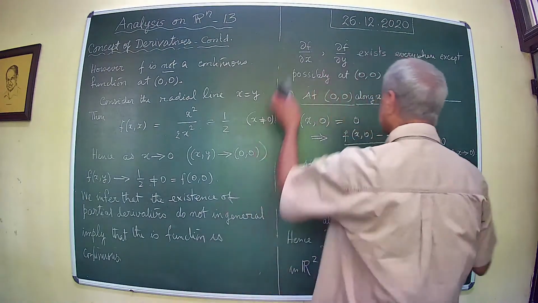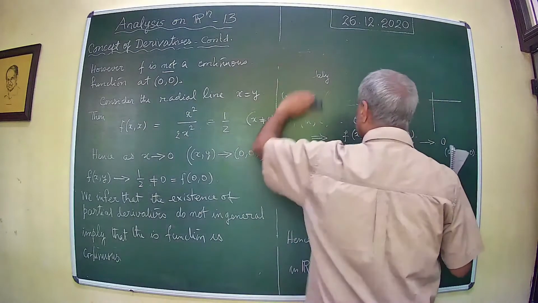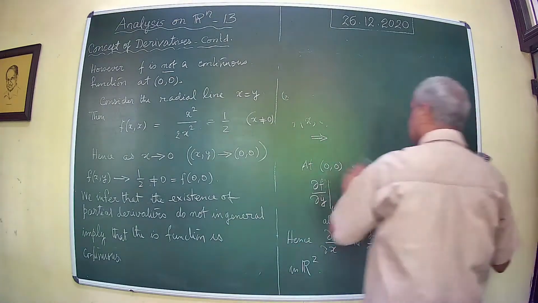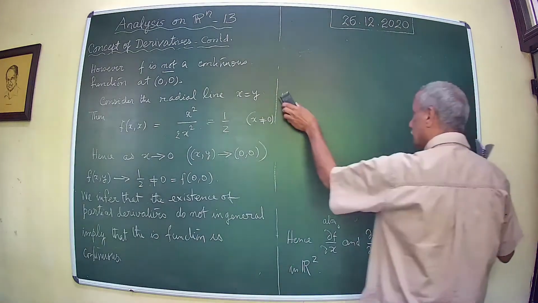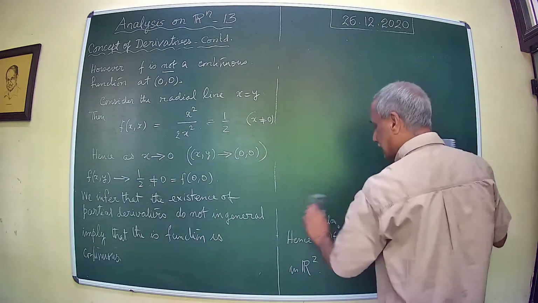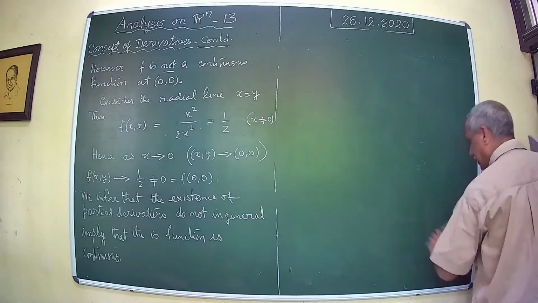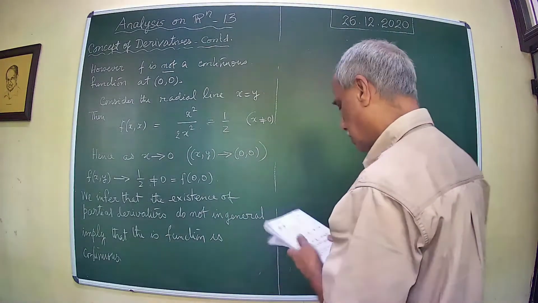Here the fourth example. All these examples do give some insight into the problems that we are facing. Or the derivative that we have defined is an altogether different concept.